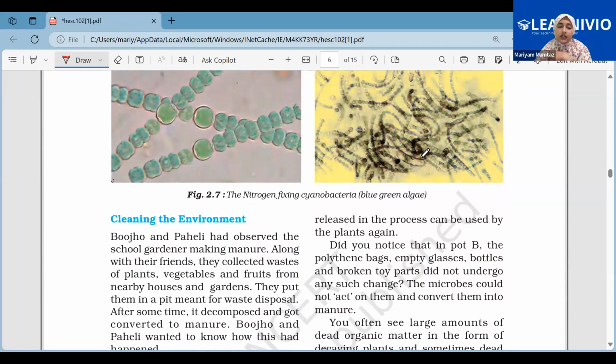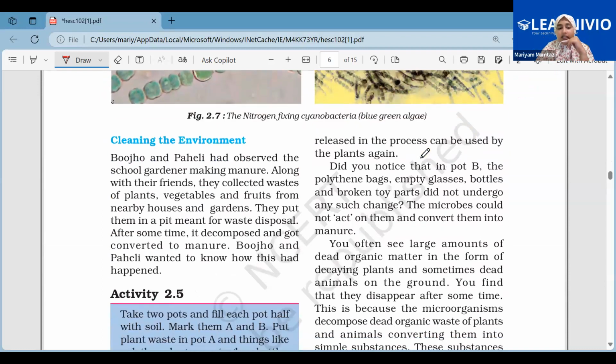Then, talking about cleaning the environment. Now, cleaning the environment mostly means decomposition. Can you tell me what is decomposition?